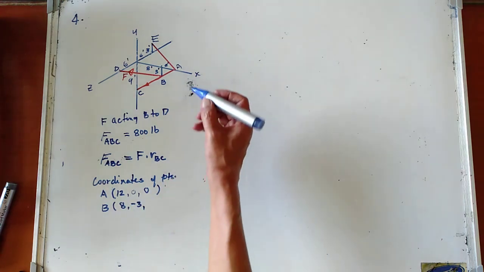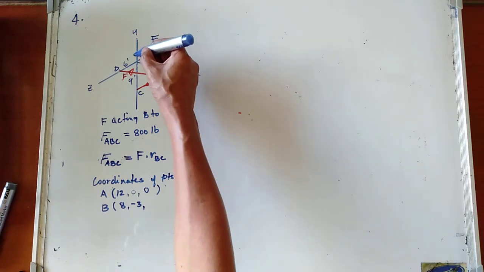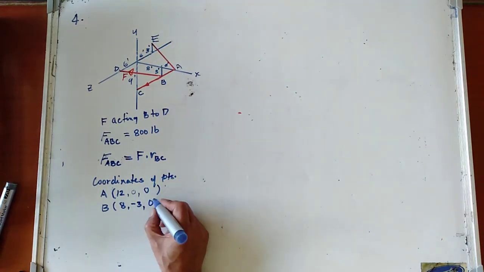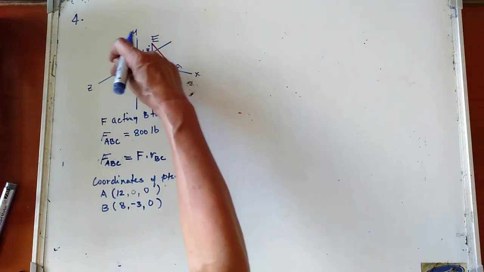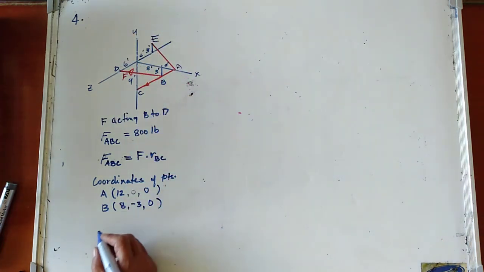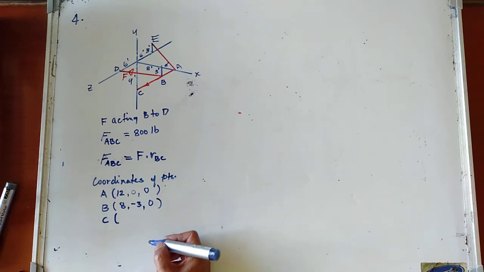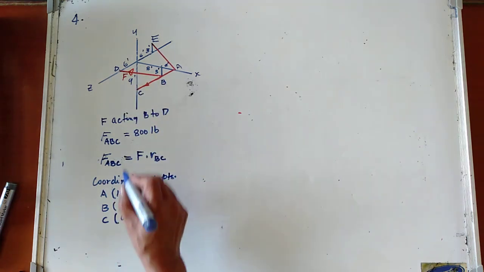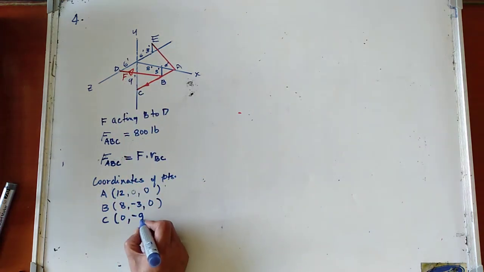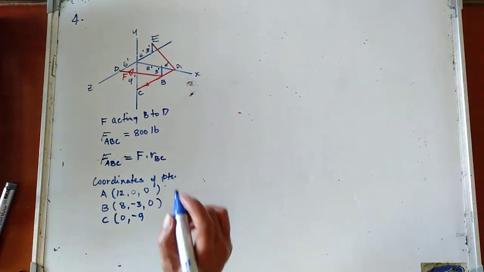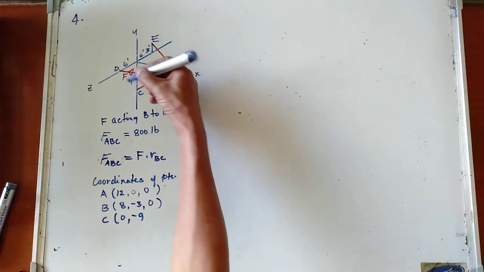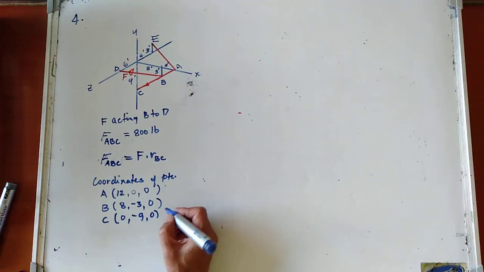And your z of point B is equal to 0, so nothing is parallel to the z-axis. Let's get the coordinates of point C: x is 0, y is -9, below the origin again, and your z is equal to 0.